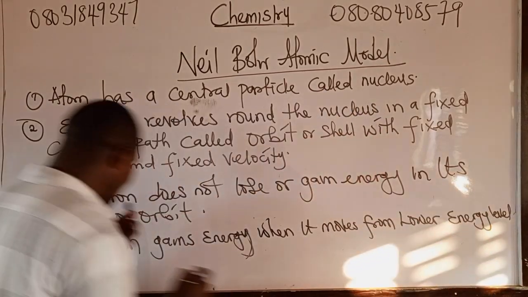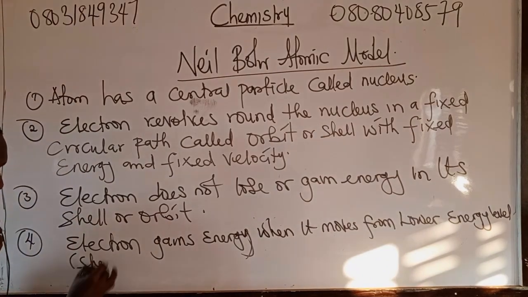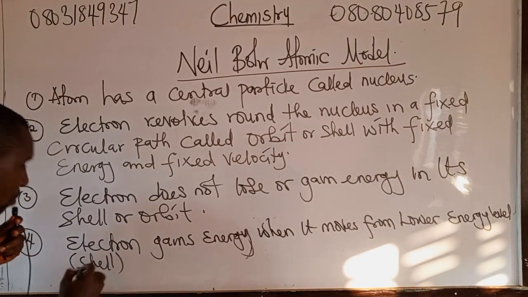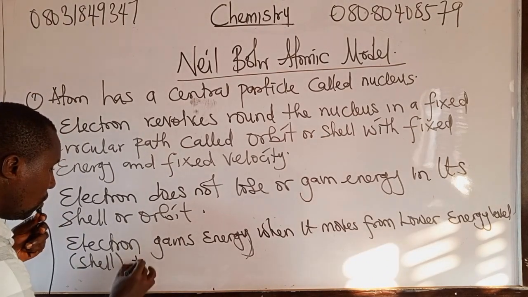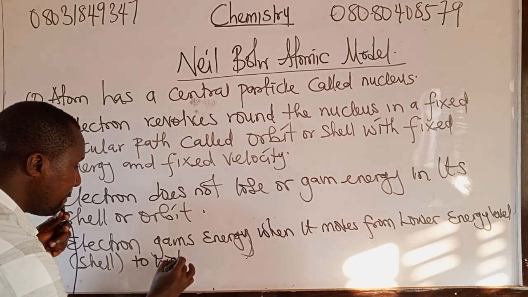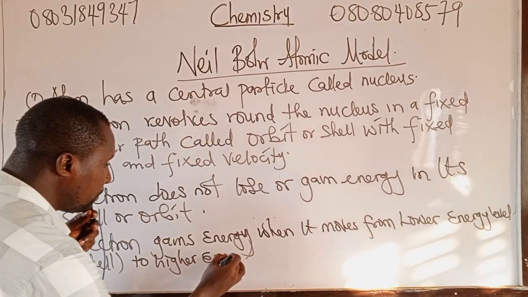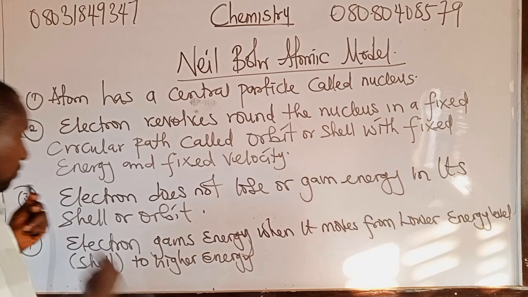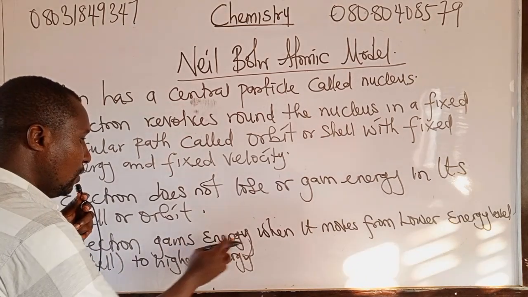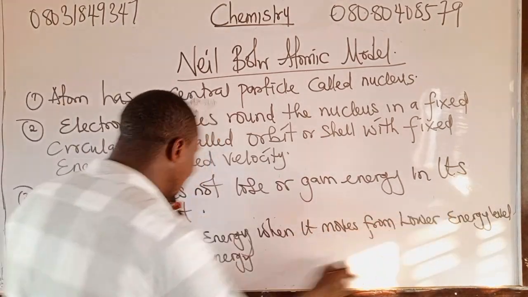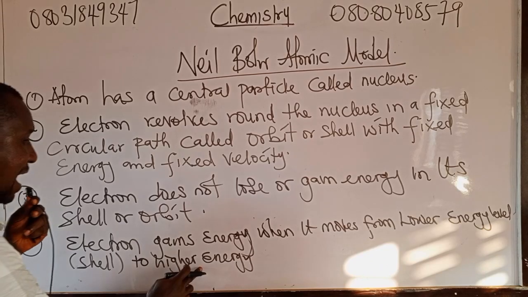Energy level is known as shell. Lower energy level is shell or orbit. Electron gains energy when it moves from a lower energy level to a higher energy level.